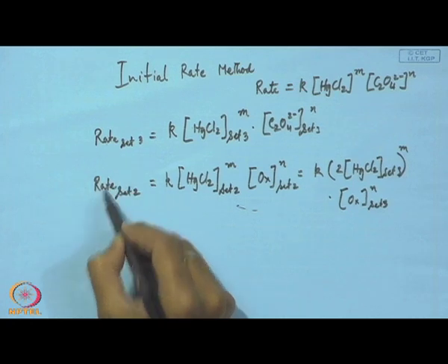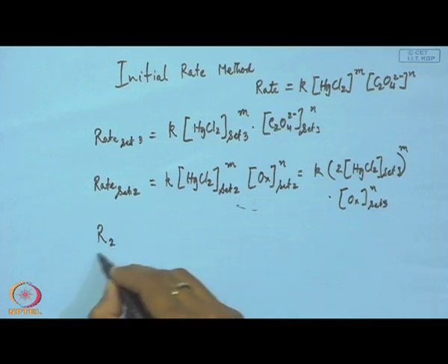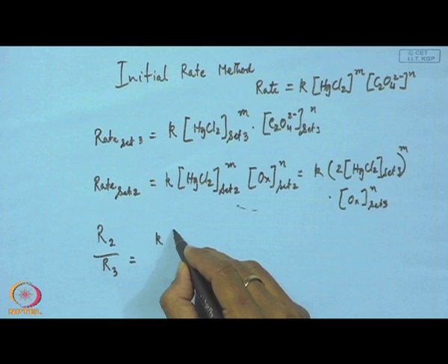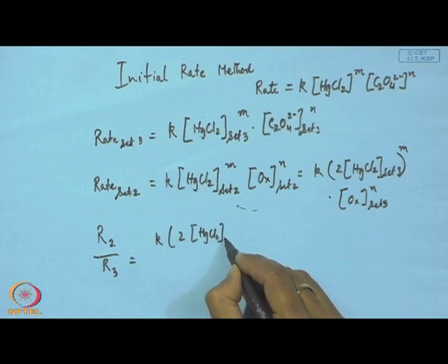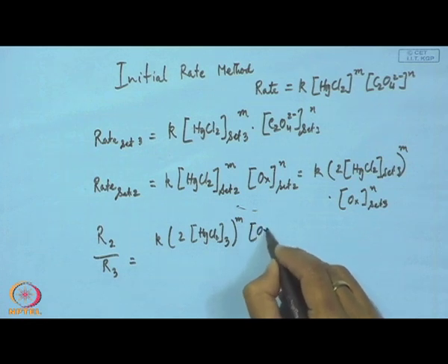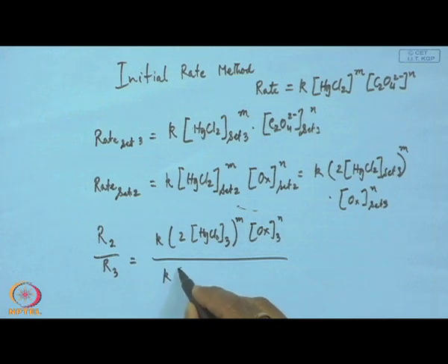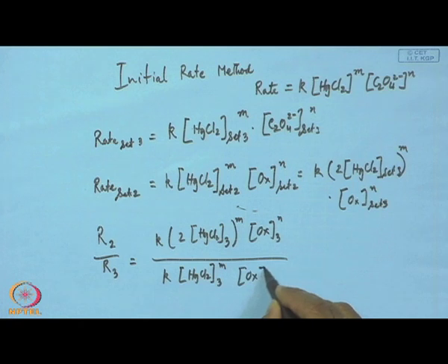So, now we divide set 2 by set 3. R2 by R3, that means the rate for set 2 over the rate for set 3, is equal to K times 2 HgCl2 set 3 to the power m, then oxalate set 3 to the power n, divided by the same K, HgCl2 set 3 to the power m, oxalate set 3 to the power n.